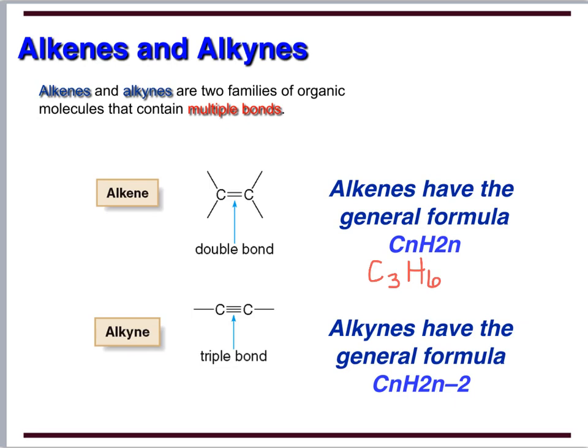And for an alkyne, I've reduced it even more, so if I have 3 carbon for an alkyne, I can only have 6 minus 2, which gives me 4 hydrogen for the alkyne, because those spots are being taken up again by the double and triple bond.